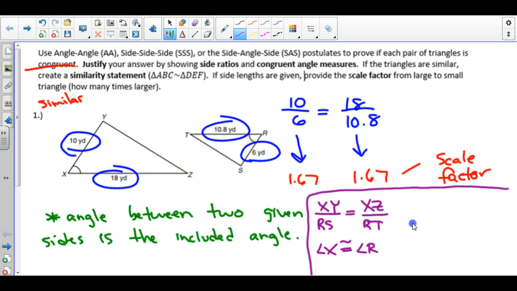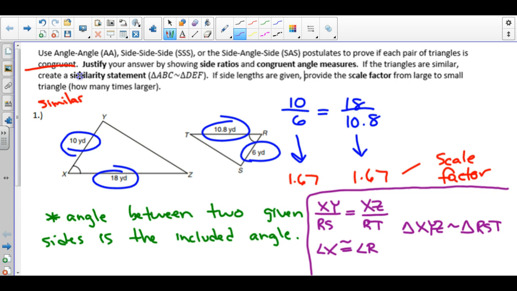So at the very end, I can make a similarity statement, and I'm going to say triangle XYZ. So if we follow the order, I'm going from X, passing the shorter side to Y, and then going down to Z, and that would be similar, which is just one little dash like that, to RST.